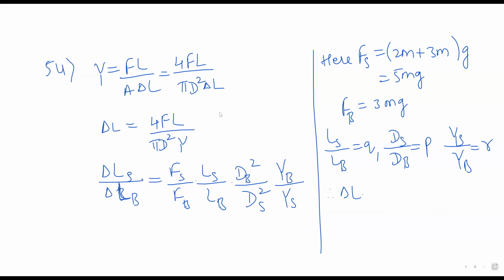Therefore, delta Ls divided by delta Lb is equal to 5 by 3 into Q into 1 by P whole square into 1 by R. So after simplification, we are getting 5Q divided by 3P square into R.